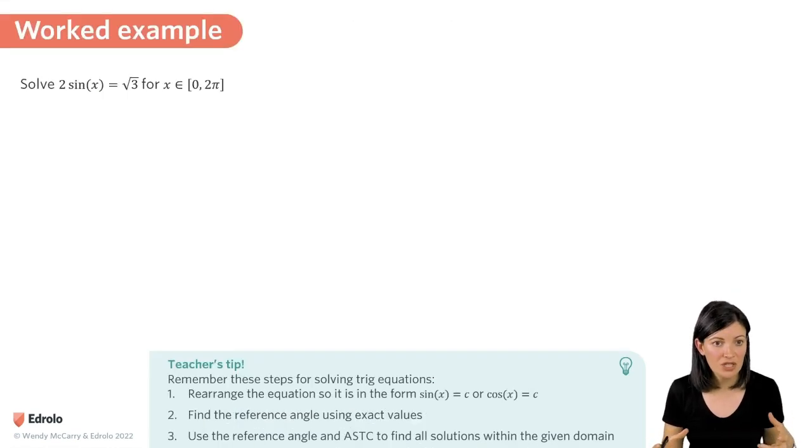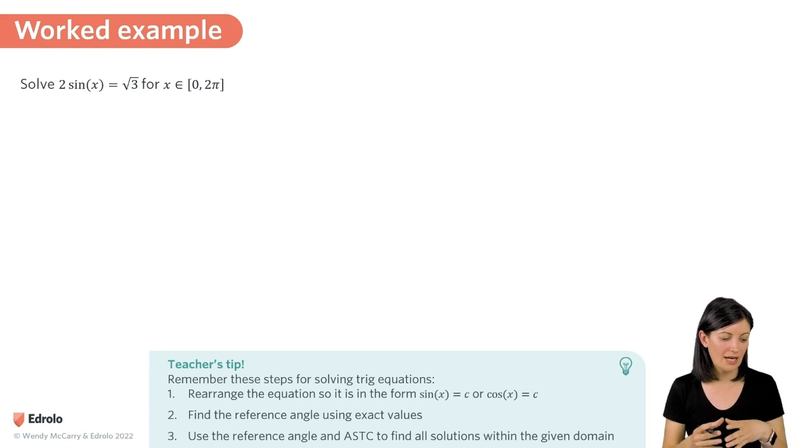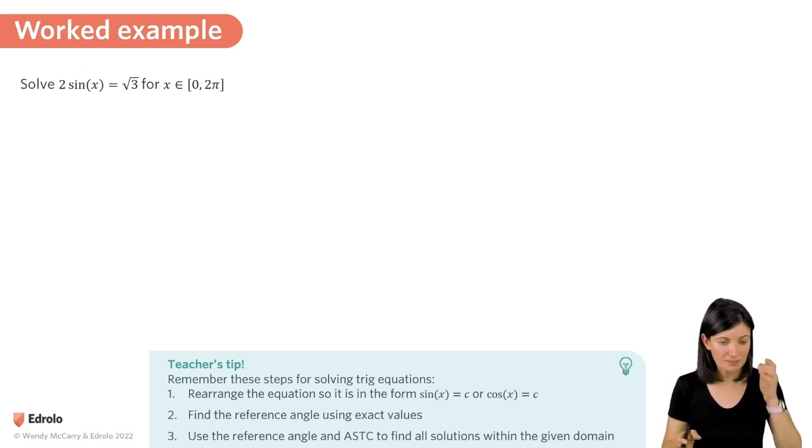Okay, so let's read the question together. It's a very good idea to make sure that you take note of the domain that's given in the question, okay? That's very important. So we have solve 2 sine x is equal to root 3, for x between 0 and 2 pi. Okay. So let's take a look at my steps.